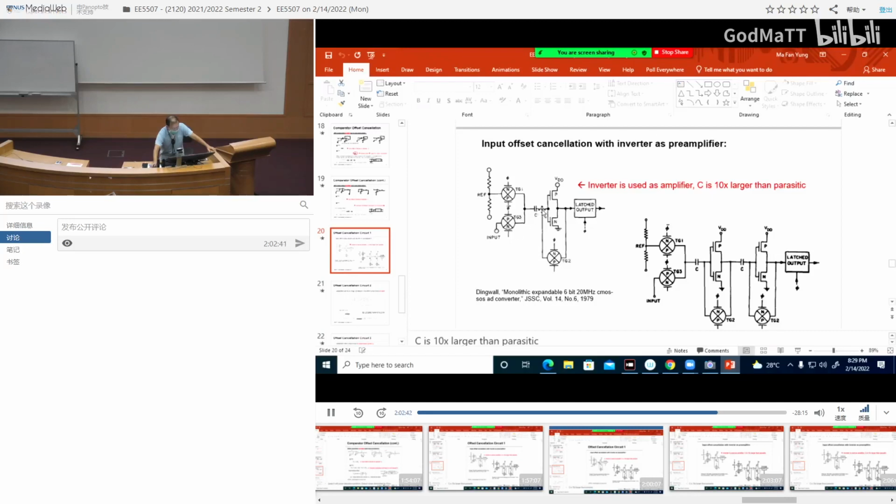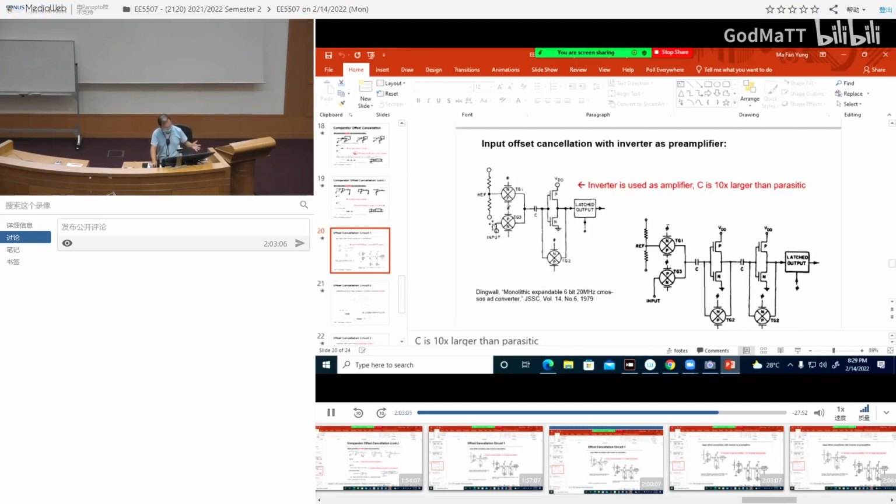So now, what will this voltage be? This voltage will be the input, plus or minus whatever was stored here. What was stored here was the reference minus the operating point.